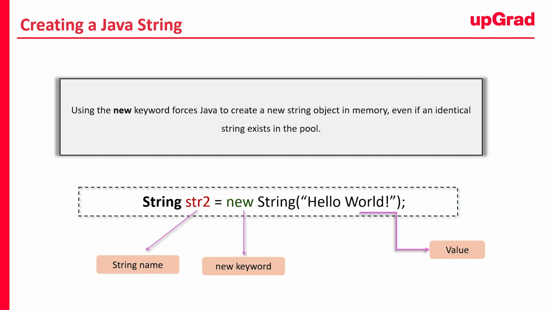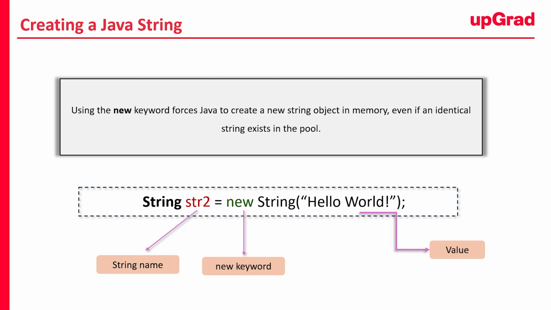The new keyword here is used to explicitly create a new object. Here it tells Java to create a new string object, even if an identical one exists in the memory. This line creates a new string object with the value hello world and stores it in the variable str2. Unlike using a string literal, this ensures a new object is created in memory even if the same value exists elsewhere. So this is how you can create strings in Java.